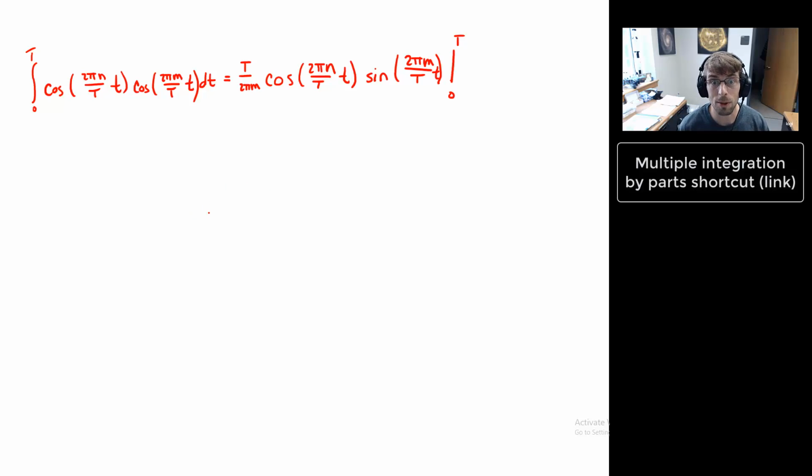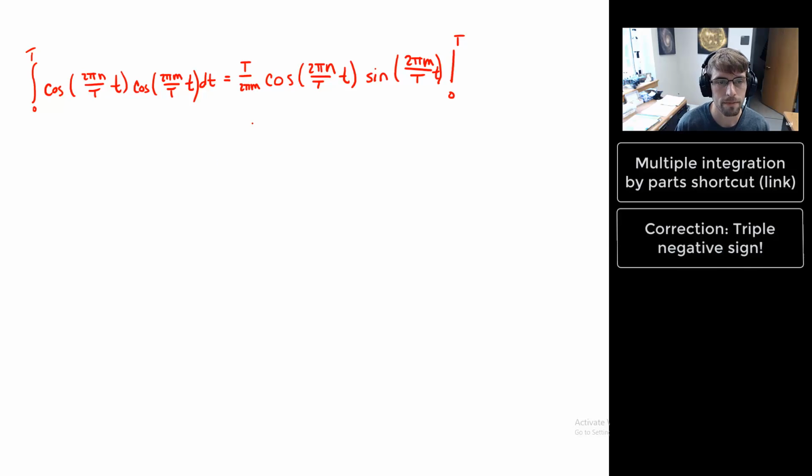Now the next term, you'll notice we have a double negative sign. And so what we have is a 2 pi n over T times this T over 2 pi m quantity squared.